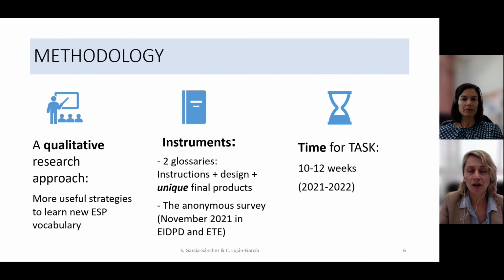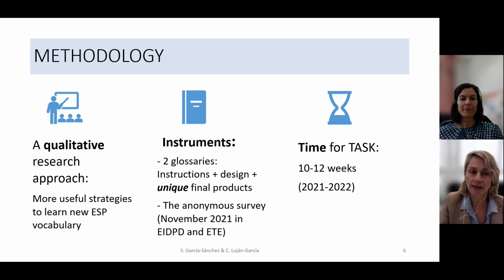Now, regarding the methodology, we have used a qualitative research approach to identify, as you know, the more useful strategies that students can use to learn ESP vocabulary. And to do so, we have used 2 instruments. On the one hand, the 2 glossaries, as we have introduced.